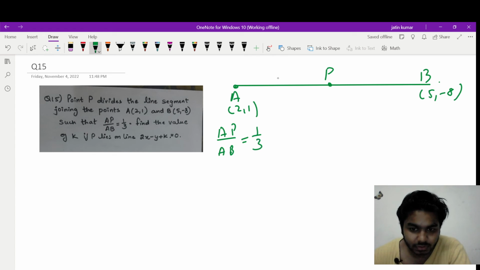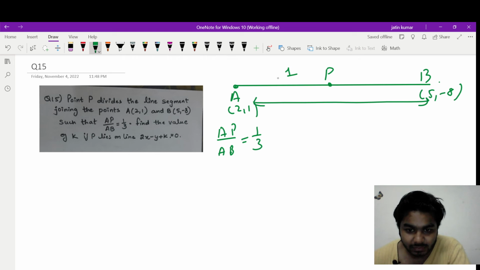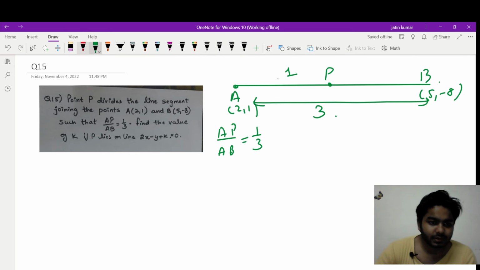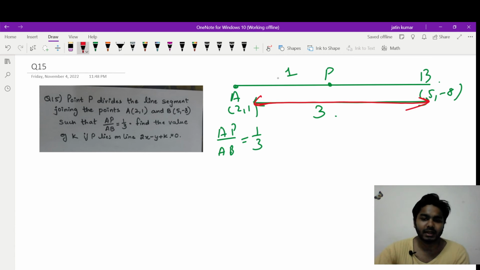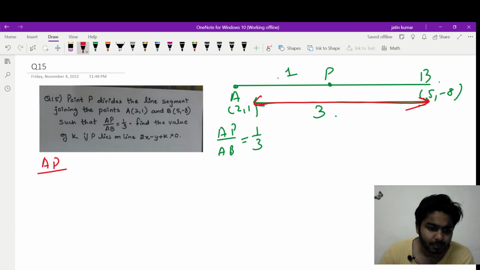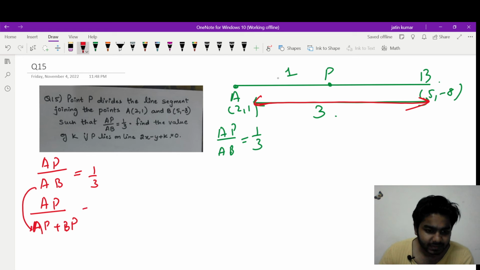Now please observe here, AP to AB, the whole AB, is 1:3. So AB we are given as 3 and AP we are given as 1, so we have to solve it. So AP upon AB is equal to 1 upon 3. Can I write AB as AP plus BP? Yes, we can write. So AP upon (AP plus BP) is equal to 1 upon 3.